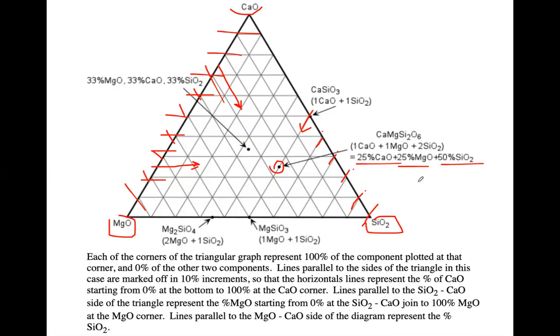So if you want to plot 25 calcium, 25 magnesium, 50 silica, then it comes from this place to this place. Okay. So similarly, you can have 33, 33, 33, all three components. So it is coming into the central position here.